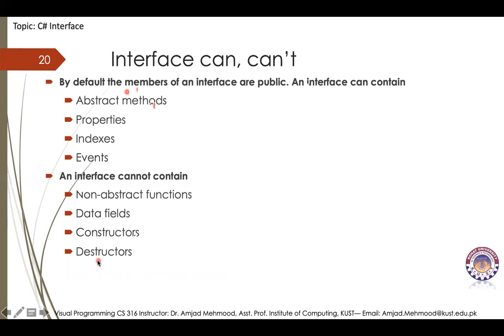So an interface does not have these, whereas an abstract class can have abstract methods, properties, indexers, and fields.